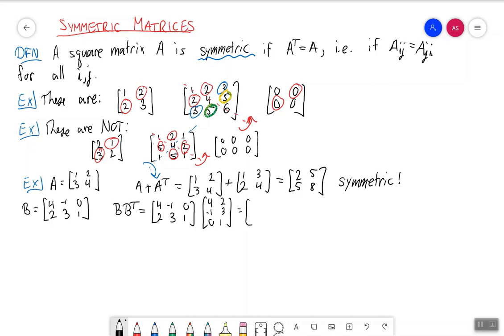When I do the multiplication, I get 16 plus 1 plus 0, 8 minus 3 plus 0, 8 minus 3 plus 0, 4 plus 9 plus 1, which simplifies to 17, 5, 5, 14. And again, this is symmetric. It turns out that B transpose B is symmetric too.